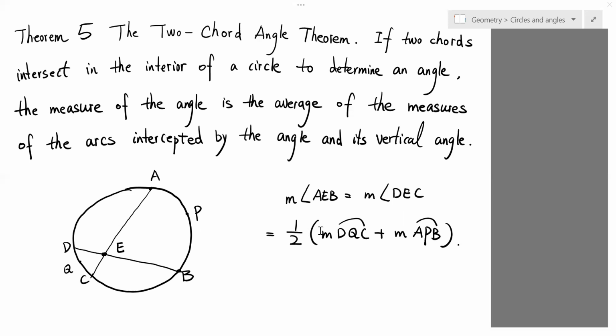This expression is precisely the average of the measures of the arcs intercepted by the angle and its vertical angle. It turns out this theorem is a relatively simple consequence of the inscribed angle theorem. So now let's look at the proof.